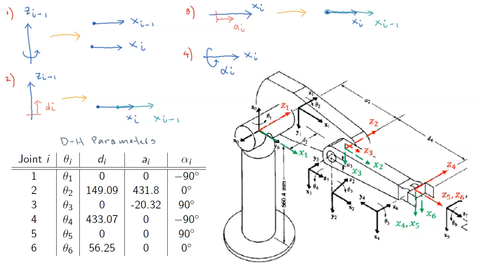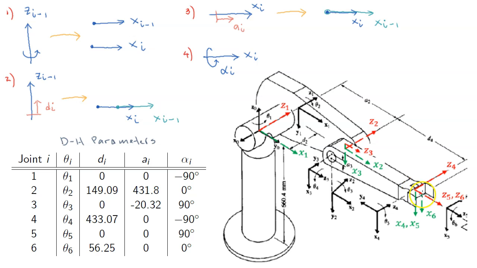Next, d6 is how much we have to translate coordinate frame 5, i minus 1, in z5 such that both x5 and x6 are on the same line. So this is x5, this is x6, this is z5.